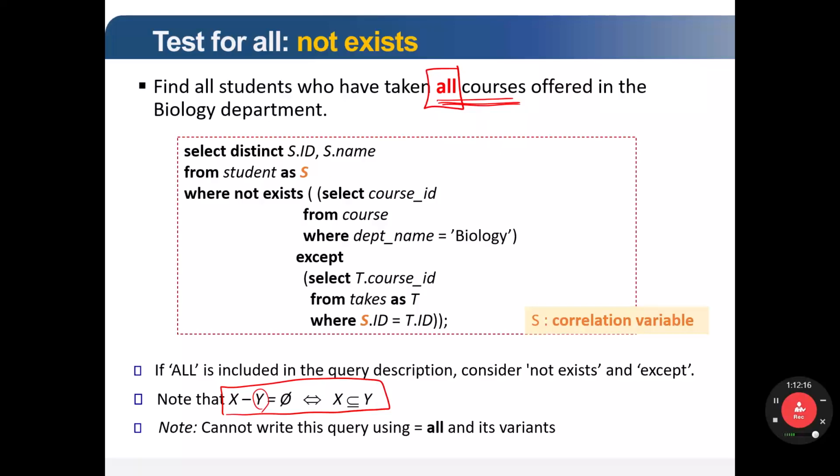Y is the course list that a particular student has taken. And X is all courses offered by biology department. Only when this except operator returns empty set, we can say the student took all courses offered from biology department. That is why we use this except operator and not exists operator in this given query.